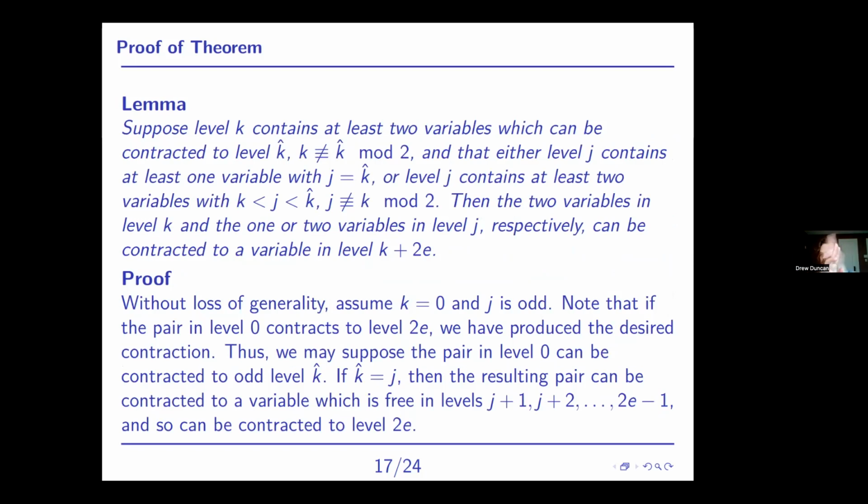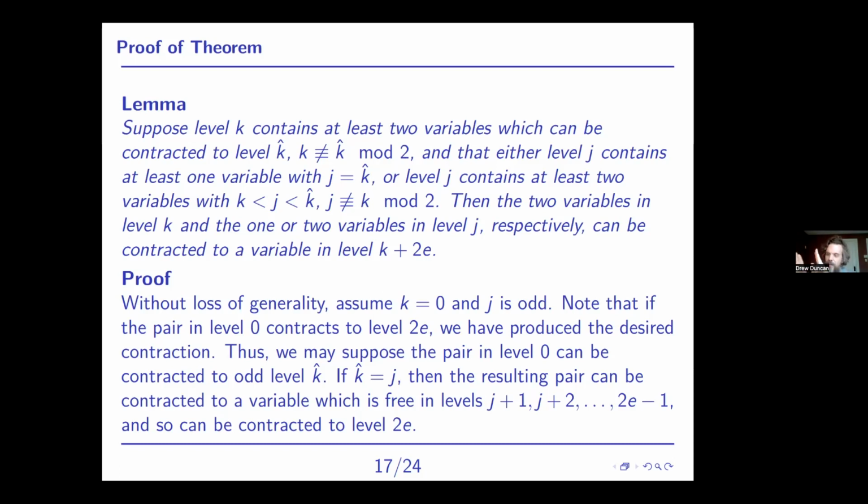Okay, so 2 things can happen. First of all, because this is in level 0, we can assume that it contracts to an odd numbered level. So let's say this is some odd numbered level here. Now this pair of variables contracts to some even numbered level because it's free in all of the odd levels, and it will either contract to somewhere before this one or somewhere after this one.